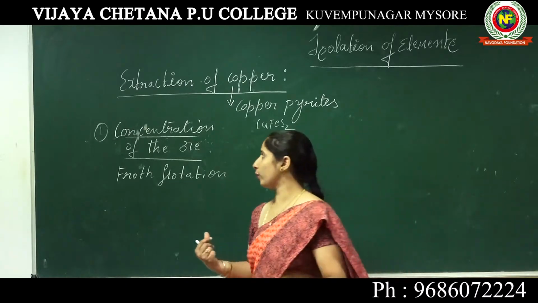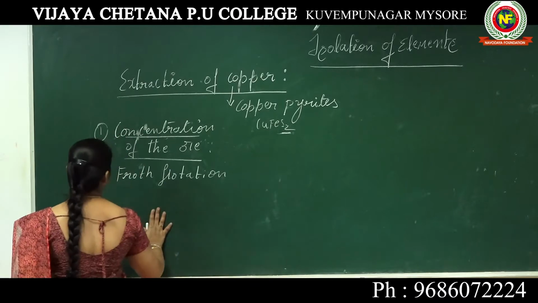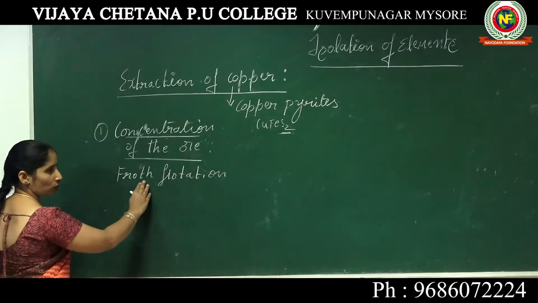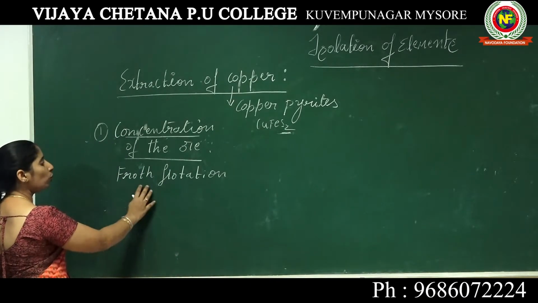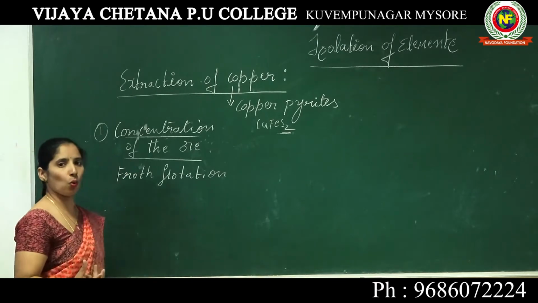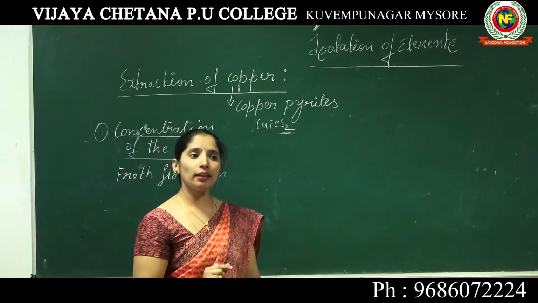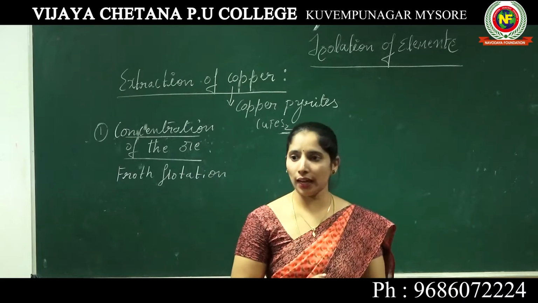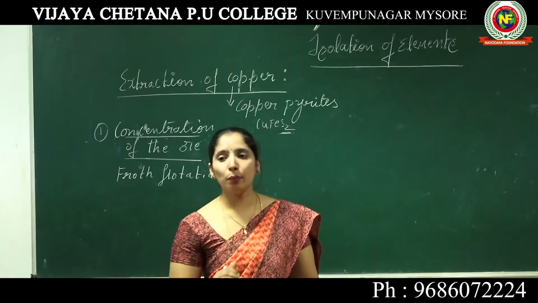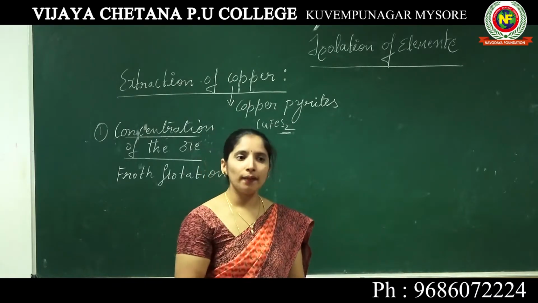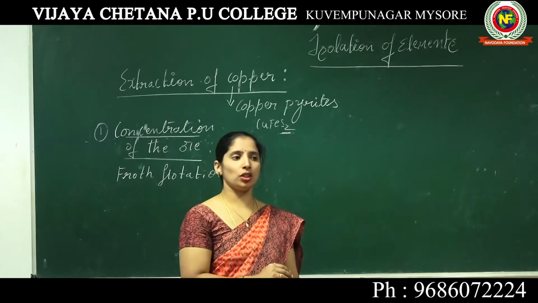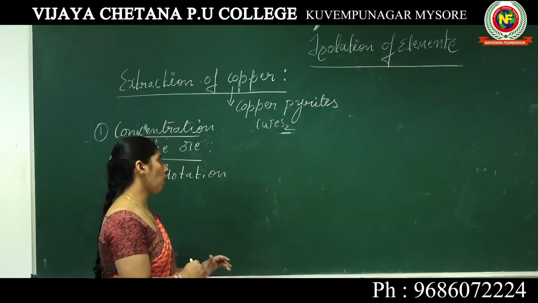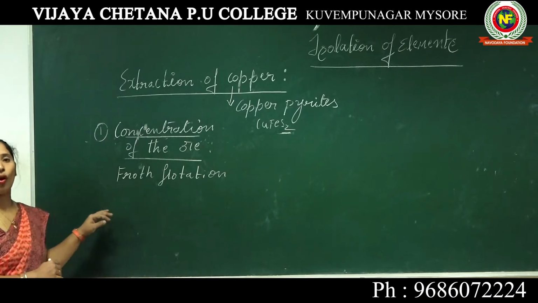But here in the extraction of copper, after the ore concentration, next we have to heat this ore to a very high temperature, below its melting point, with excess of air.